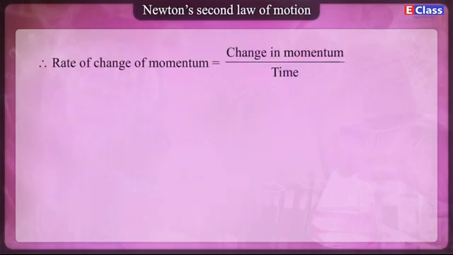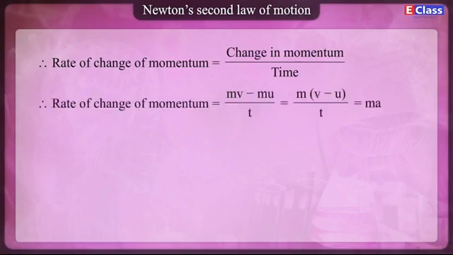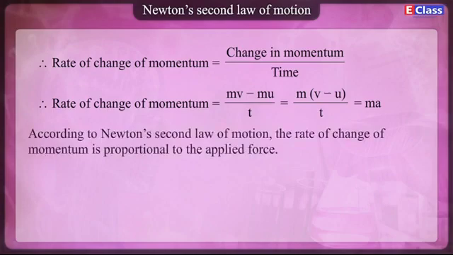Therefore, rate of change of momentum is equal to change in momentum upon time. Therefore, rate of change of momentum is equal to (mv minus mu) upon t, which is equal to m(v minus u) upon t, which is equal to ma.